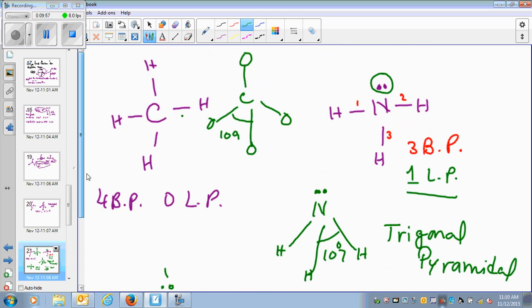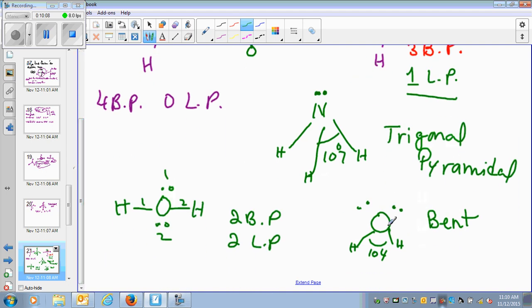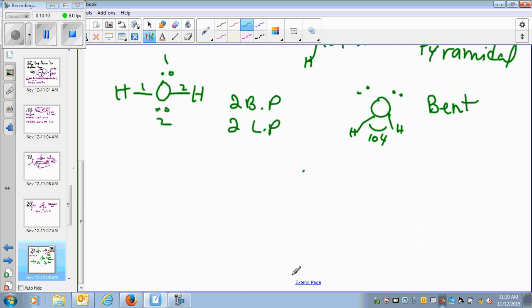So you have to see that if you have no lone pairs, the angle is 109. If you have one lone pair, the angle goes down to 107. The shape is called trigonal pyramidal. If we have two lone pairs, they take more space on the central atom, so I'm going to draw it again. They take more space on the central atom and they squeeze the bond pairs inside. So the angle goes down to 104.